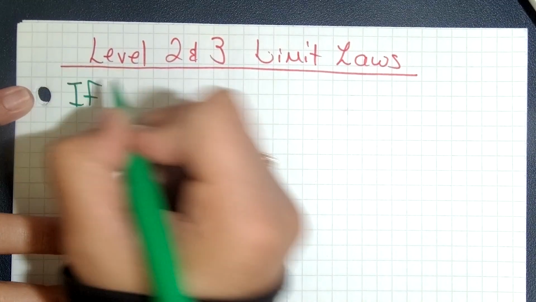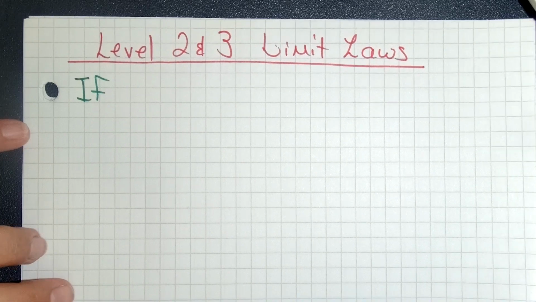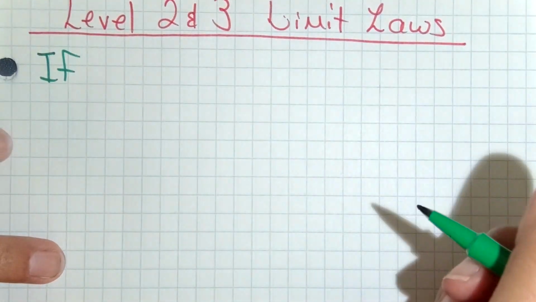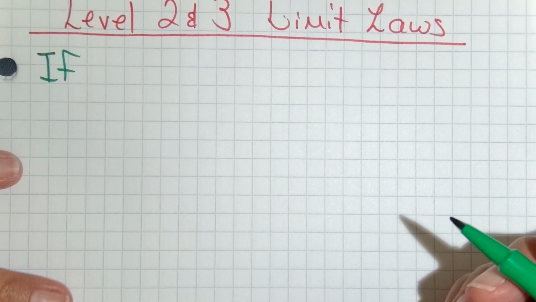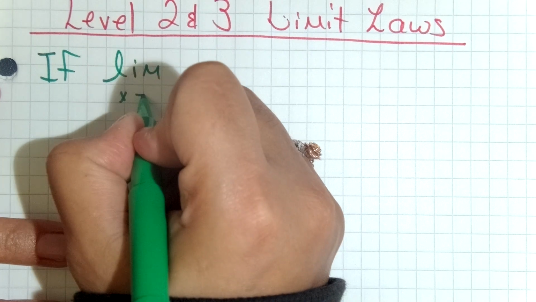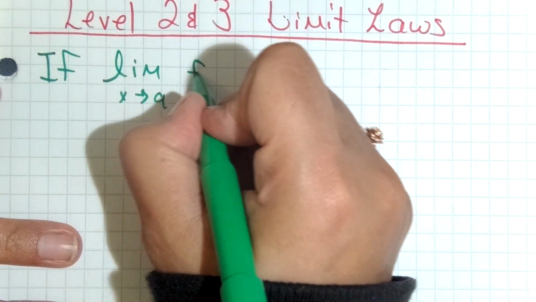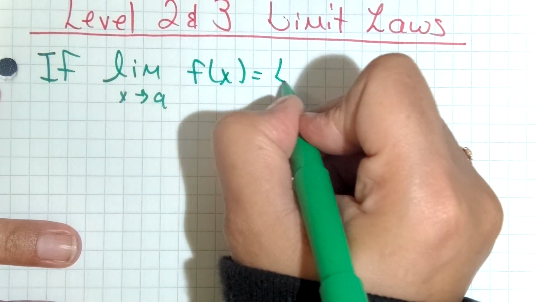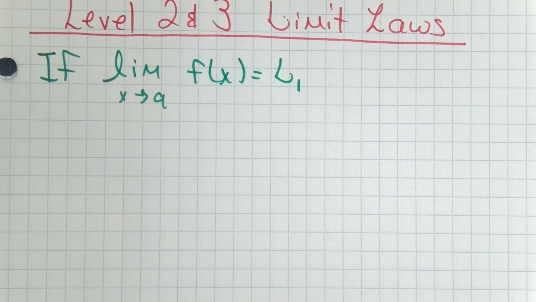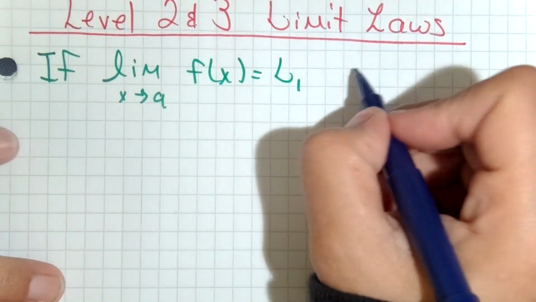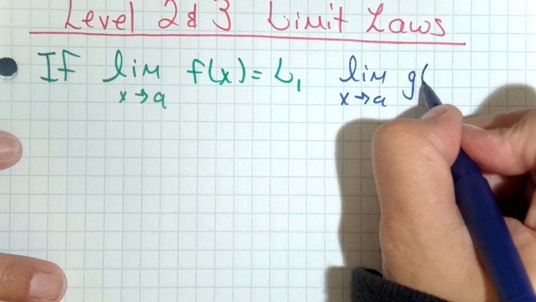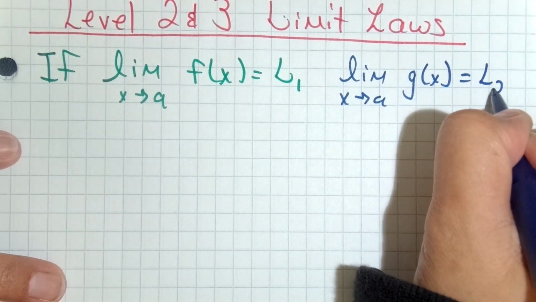So we do have to have some stipulations. We have to make sure that the limits of the functions exist, because you cannot use these laws unless they exist. So what we're going to say is the limit as x approaches a of f of x is equal to limit 1, and the limit as x approaches a of g of x is equal to limit 2.